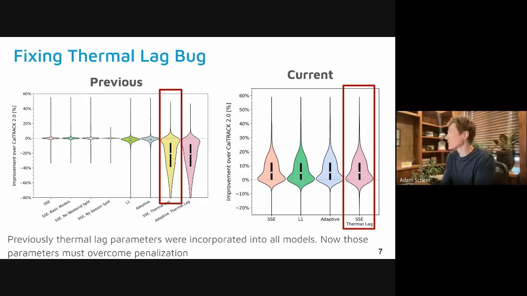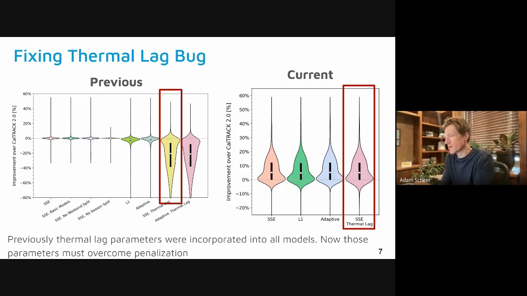You can see that in this graph on the left, where the y-axis is effectively the improvement on a percentage basis in the root mean squared error relative to the Caltrac 2.0 model, like the existing Caltrac daily model. And this was something that we were fairly confused by.